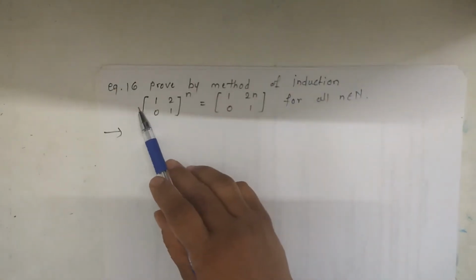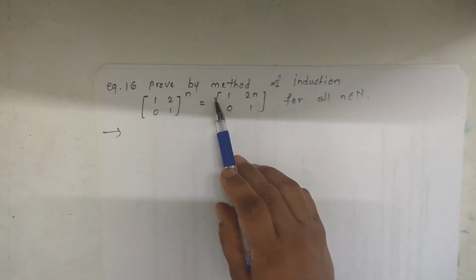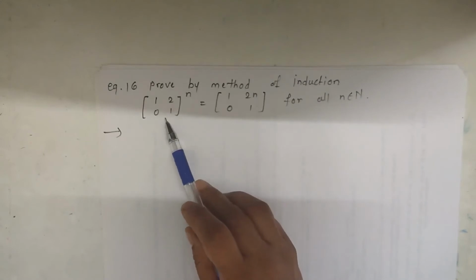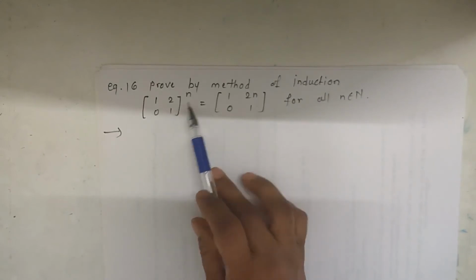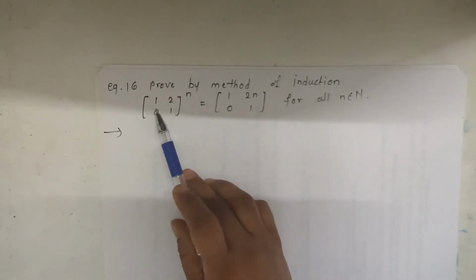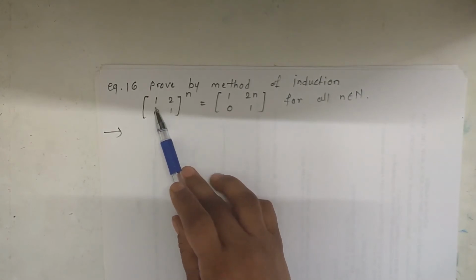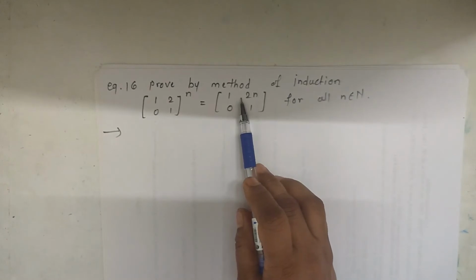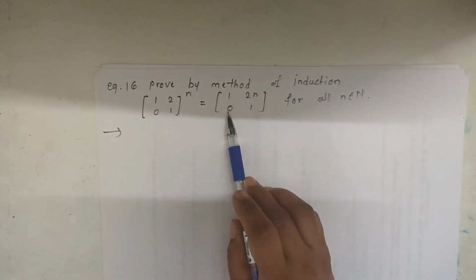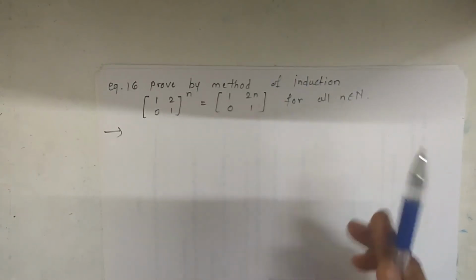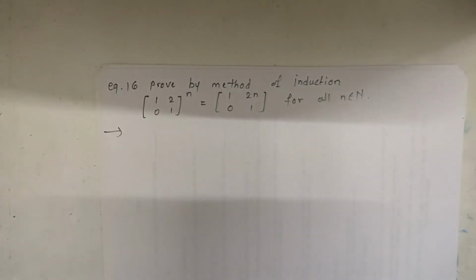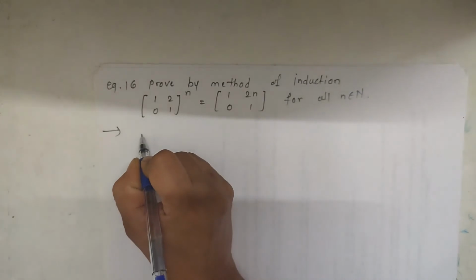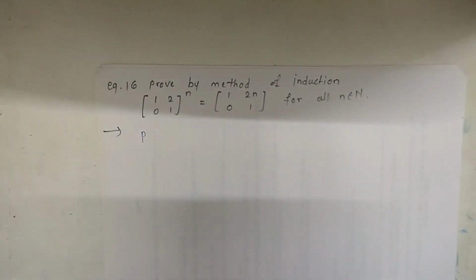Students, example number 16 is a different type of example which is in matrix form. Prove by the method of induction that the matrix with elements 1, 2, 0, 1 raised to n is equal to the matrix with elements 1, 2n, 0, 1 for all n belonging to the natural numbers. Here the statement is given in matrix form.